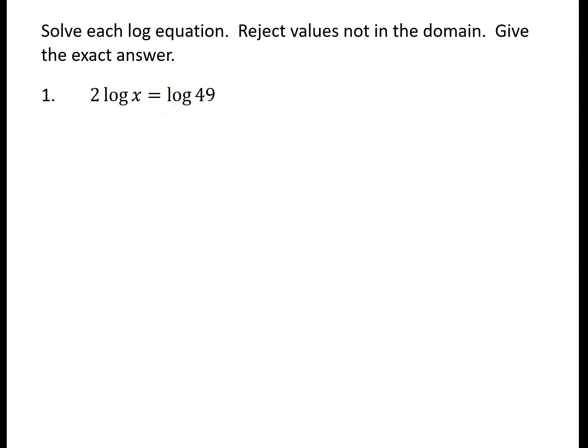So the other option is to make that 2 an exponent. That's property 7. So let's rewrite the left side as log of x squared. And now I've got a 1 in front of each log.